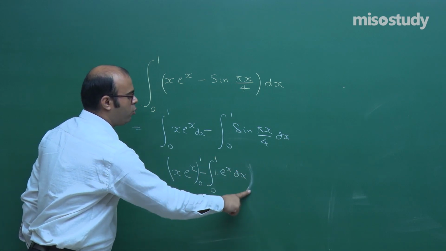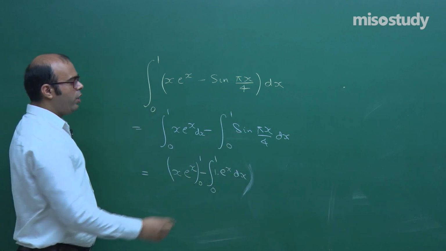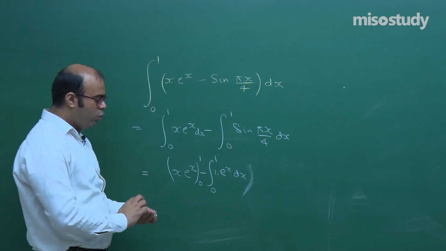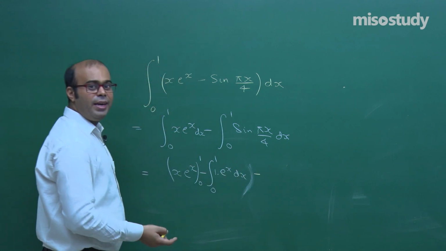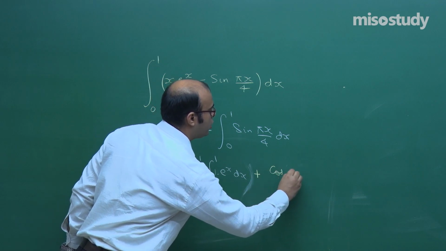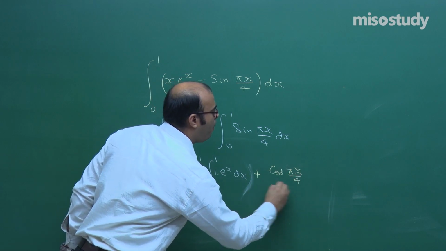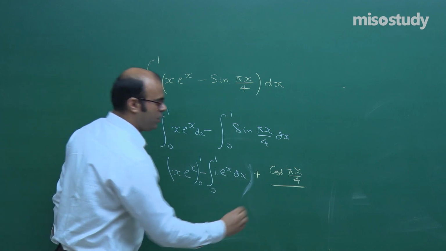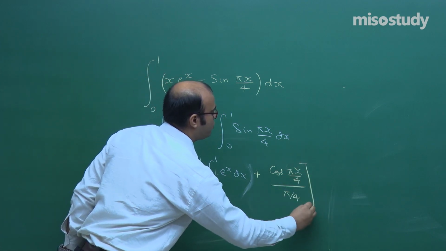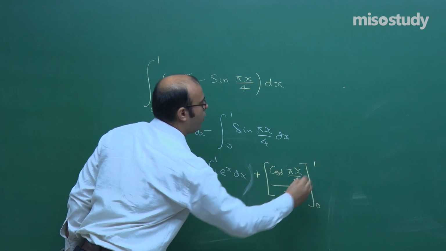And what about the other integral? If you take sine pi x by 4 and you integrate that, what do you get? Sine will be integrated to minus cos, so this will be plus cos pi x by 4 upon the coefficient of x, because this is a linear expression, pi by 4, and this will again be 0 to 1.